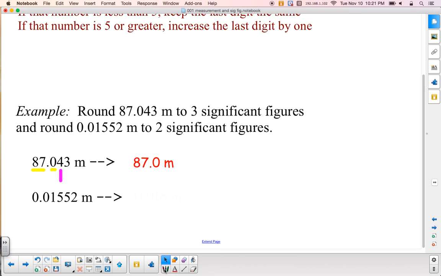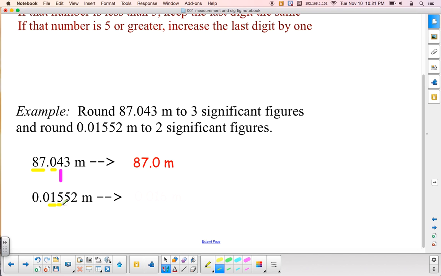If I want to round the number 0.01552 meters to 2 significant figures, I start over here on the left. Leading zeros aren't significant, so I don't start counting until I get to my first non-zero digit. So here's the first digit I want to keep.